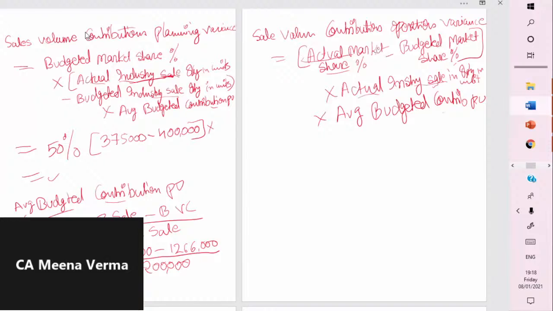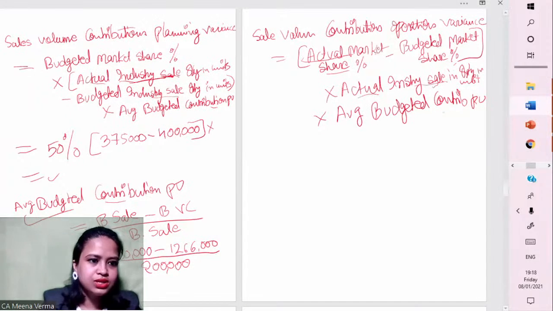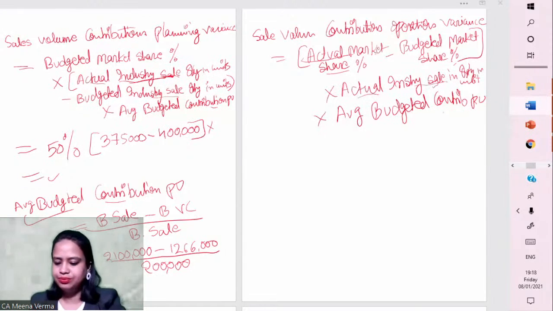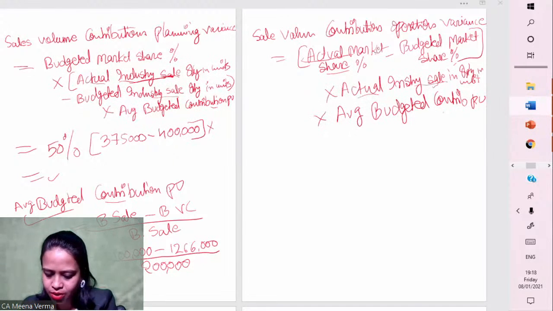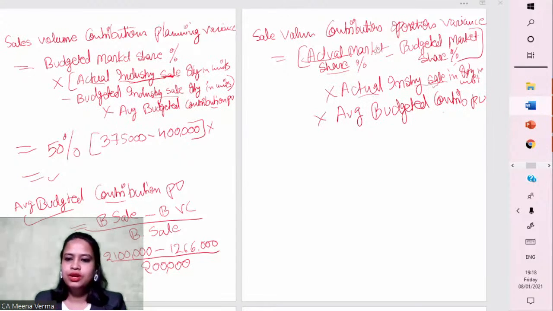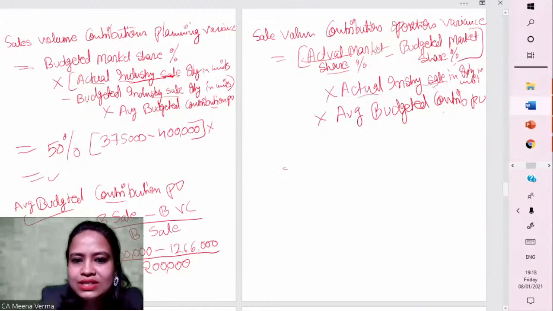I'm waiting for you to solve this and give me the answer. Okay, I got sales planning variance from Raman, from Anjali, Hema. I want other students also to give me the answer. Hema has given me the sales volume operational variance also, but I want all the other students also to calculate the sales volume contribution operation variance.